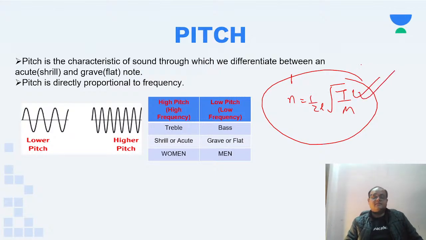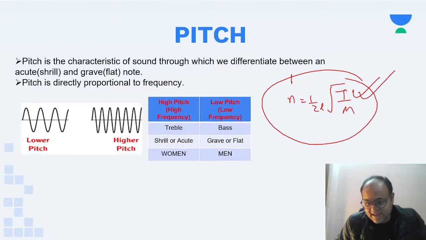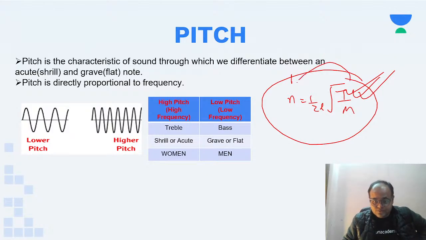Obviously, if you are tightening the screw, the wire becomes more and more tight, and when it is very tight, the tension is very high. When the tension is very high, the frequency becomes high. This is how the musician goes about changing the tone. So higher pitch means higher frequency, lower pitch means lower frequency.